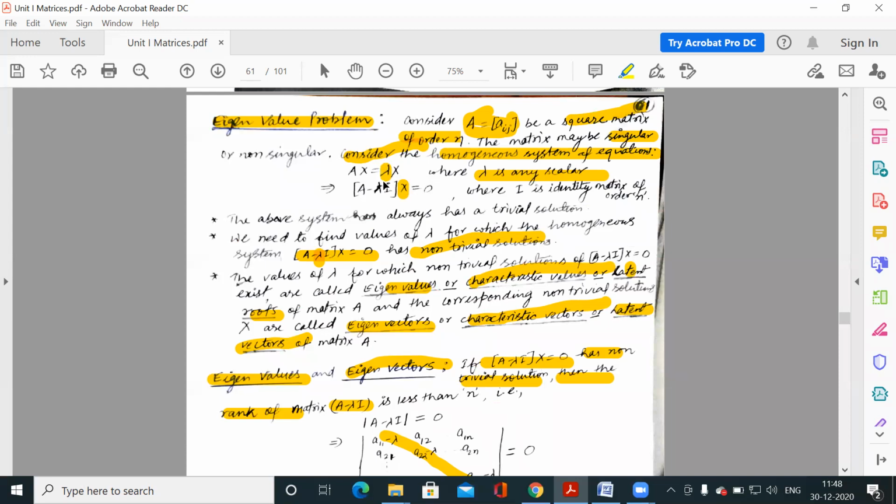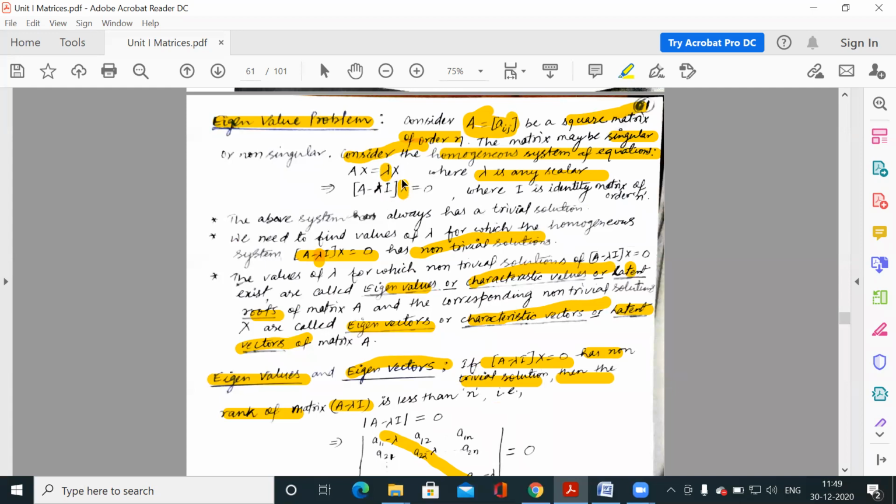So we have to find the values of lambda such that this system (A minus lambda I) x equals 0, which is a homogeneous system of linear equations, has non-trivial solutions. Those values of lambda are called eigenvalues, and the corresponding non-trivial solution x is called the eigenvector corresponding to lambda.